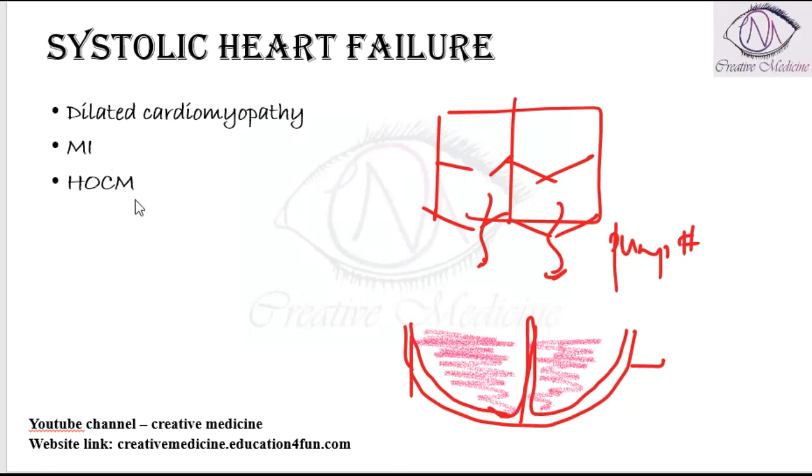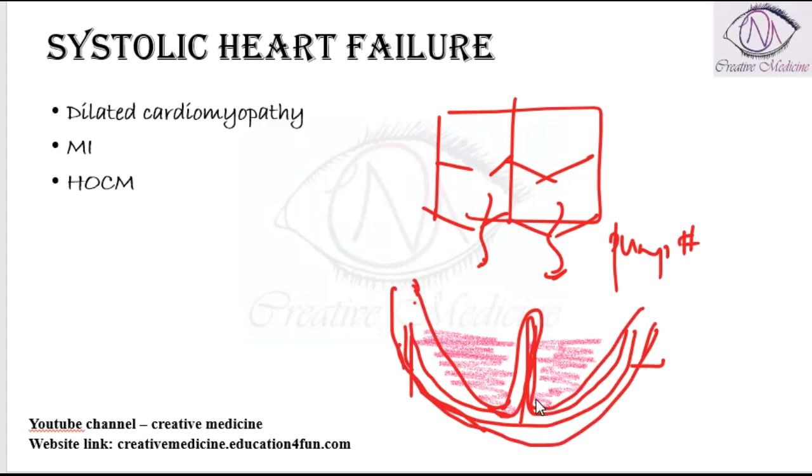Second, in hypertrophic obstructive cardiomyopathy, there is a lot of hypertrophy in the ventricular muscle wall. The septal hypertrophy is more than the peripheral hypertrophy. There is asymmetrical hypertrophy, so the septal hypertrophy is more when compared to the other muscles.